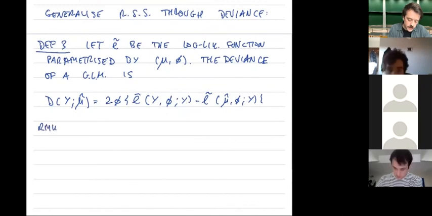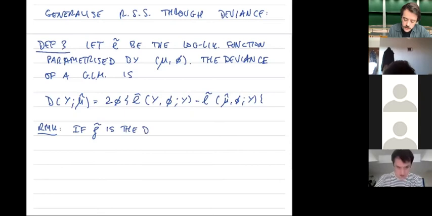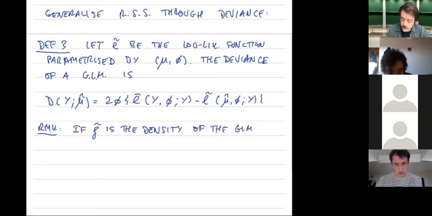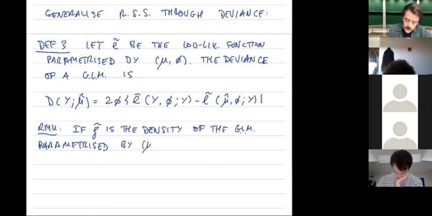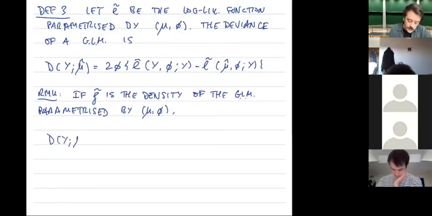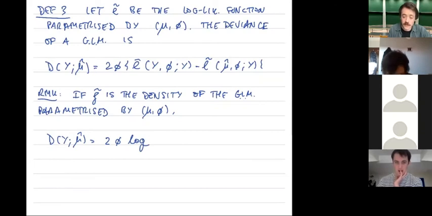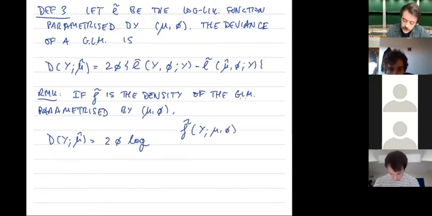Okay, so let me briefly comment on this. What is this expression? Remark. So if F tilde is the density of the GLM parameterized by again the mu and the phi rather than the theta and the phi, then we get that the deviance is no more than 2 times phi, and then the logarithm of the maximized density. And now in the density, the arguments are written in the opposite order, so first the data and then the parameters.